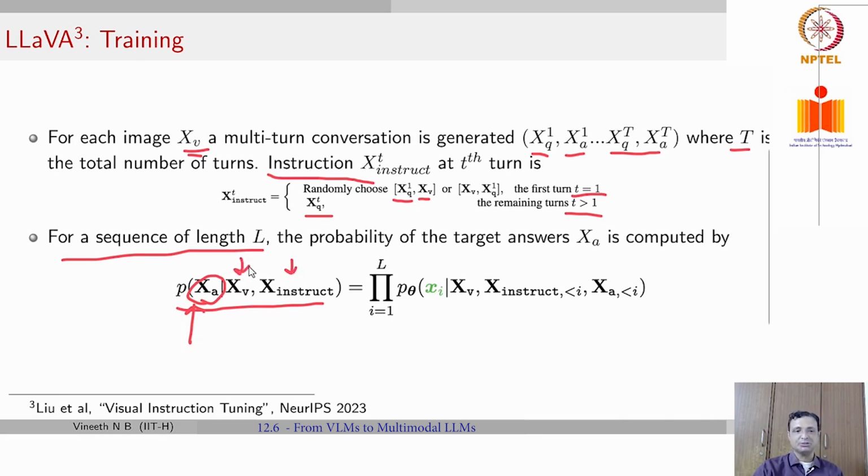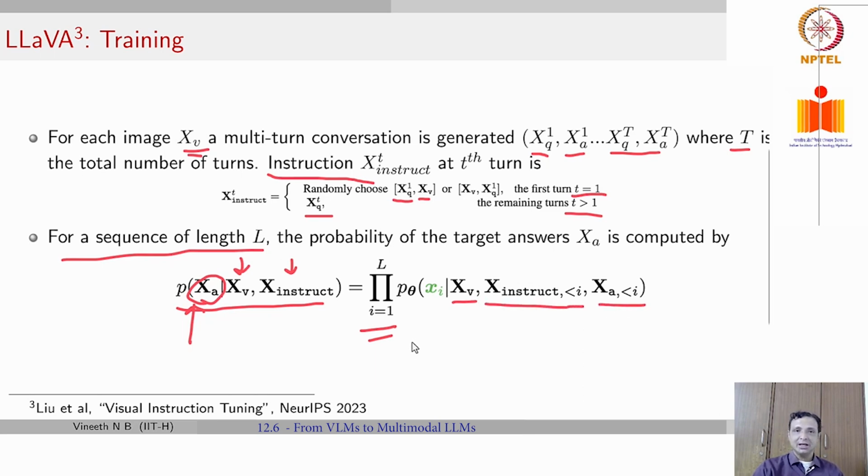XV corresponds to the image features, and this is given by the product for i going from 1 to L of p theta of xi given XV, X instruct less than i, XA less than i.